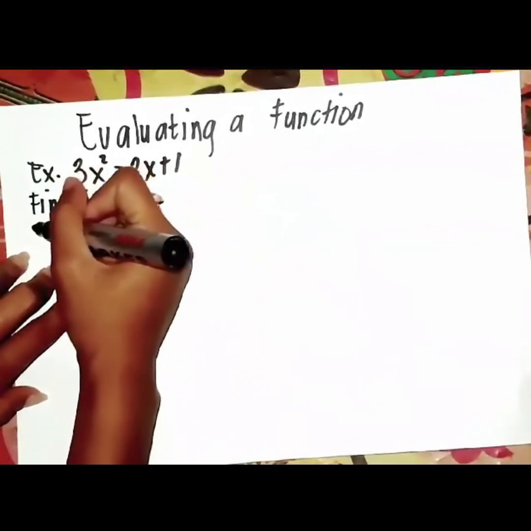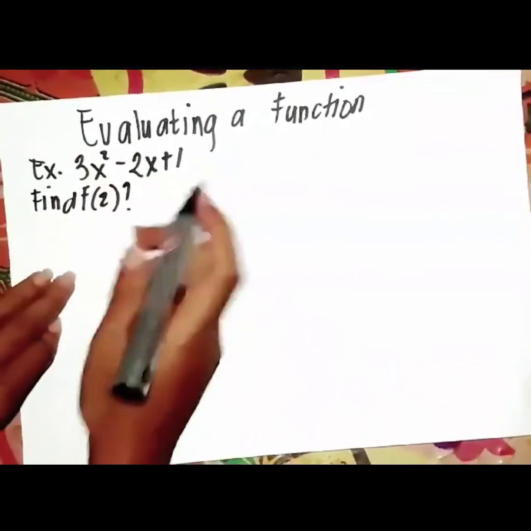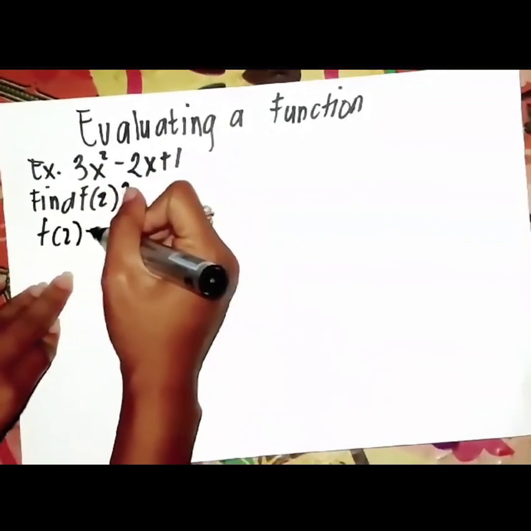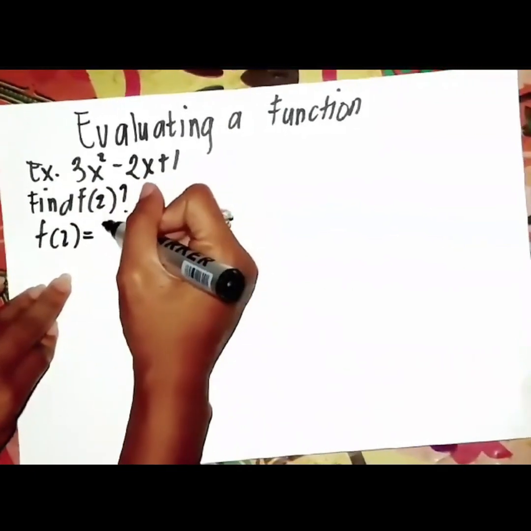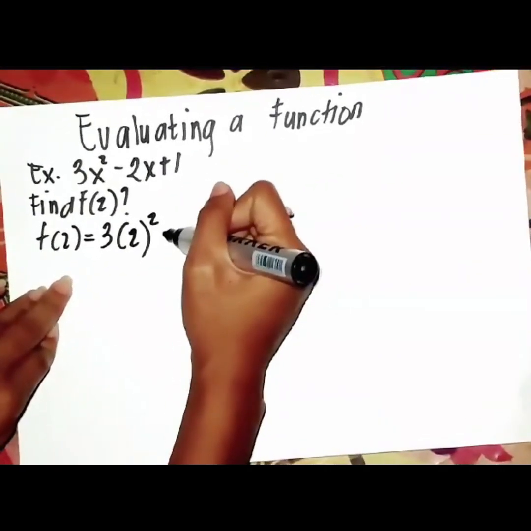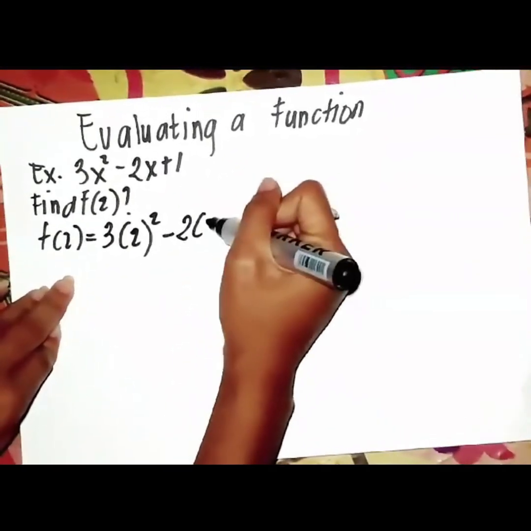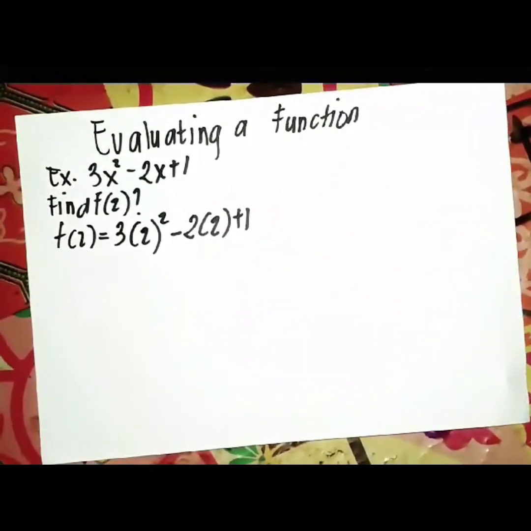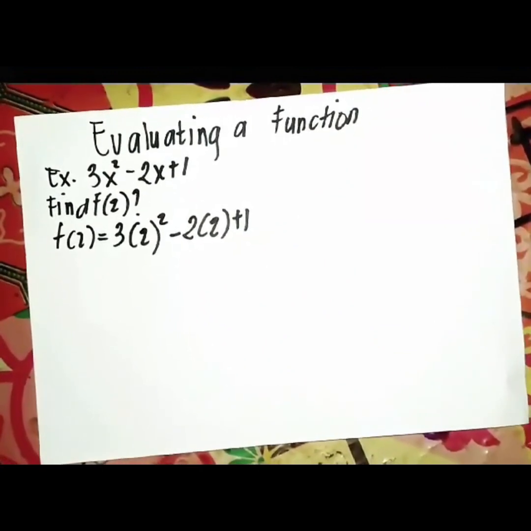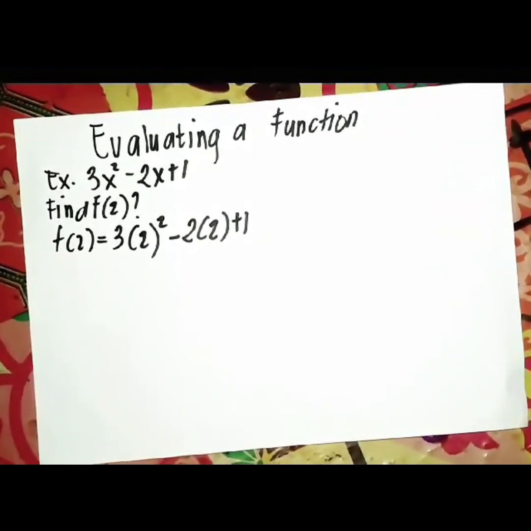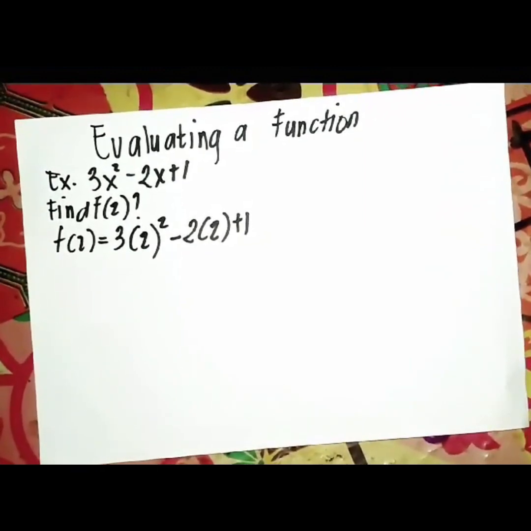So you write this. f of 2 equals 3 times 2 squared minus 2 times 2 plus 1.